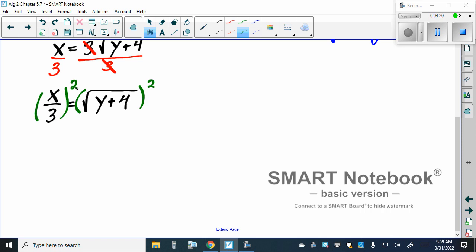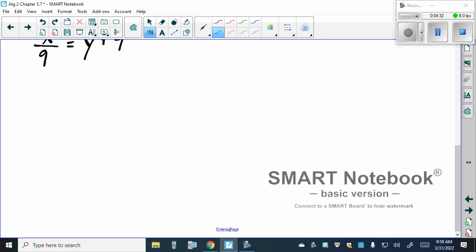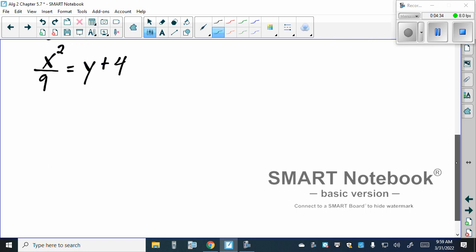Squaring both sides. Now when we square both sides, on the left-hand side, x squared would be on top over 9 is equal to y plus 4. And the last thing we would need to do is to subtract 4 from both sides.